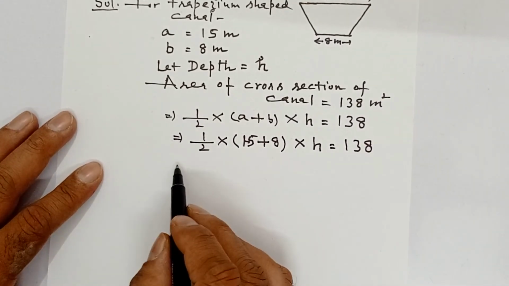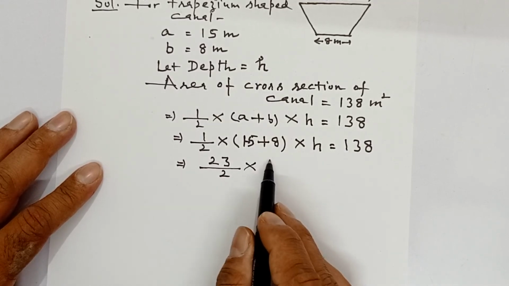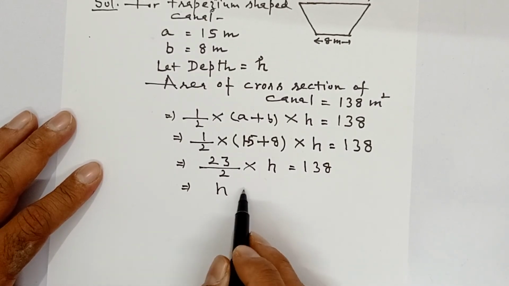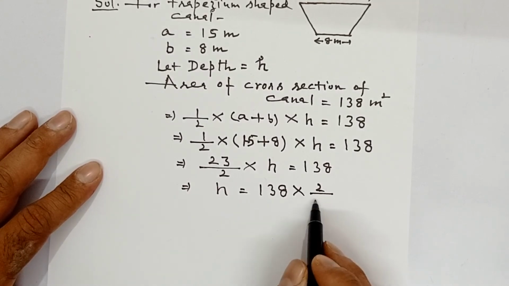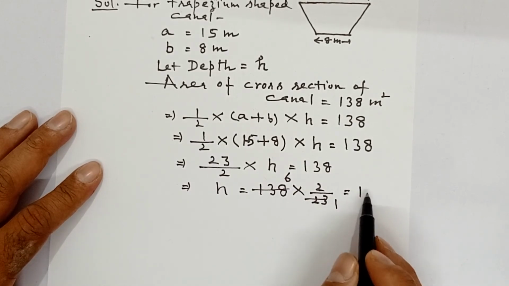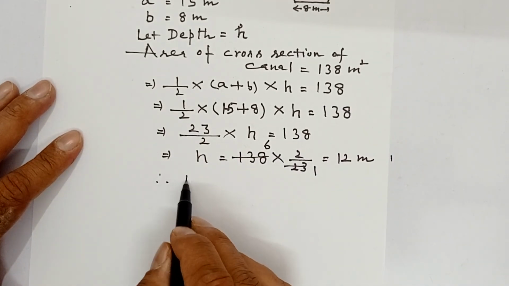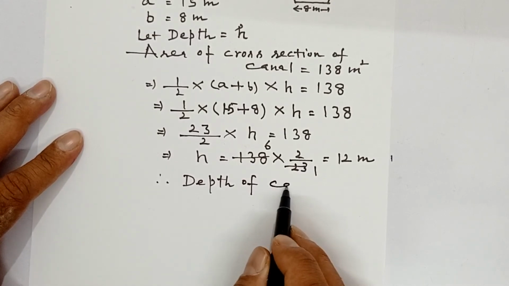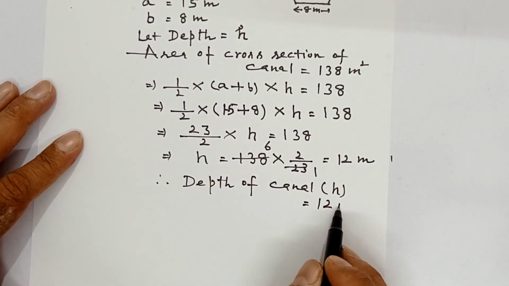So let's solve. 15 plus 8 is 23, and this is over 2, into h is 138. So we will find h. 138 will be multiplied by the reciprocal, 2 over 23. 23 ones are 23, 6 threes are 138, 6 twos are 12 meter. So we have found the depth of the canal, that is h, equal to 12 meter.